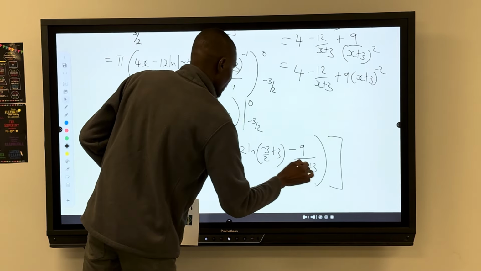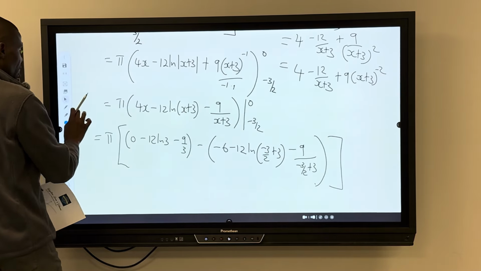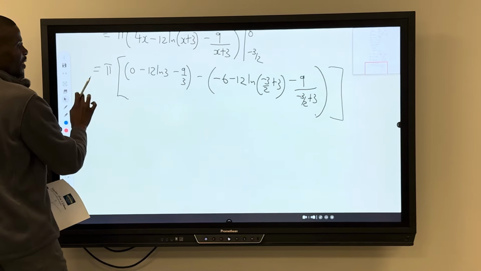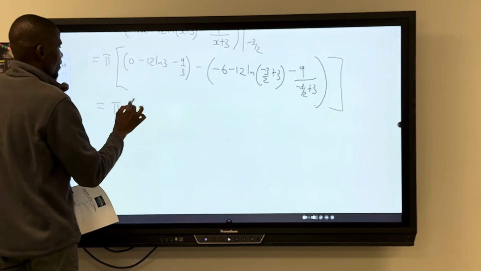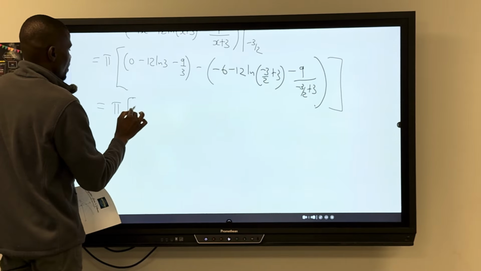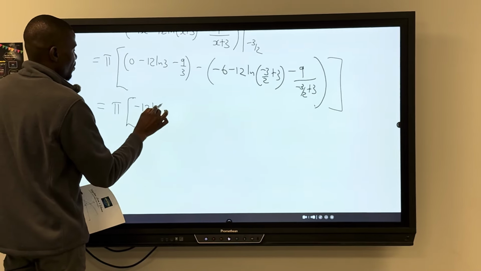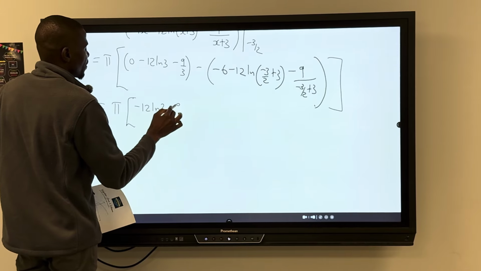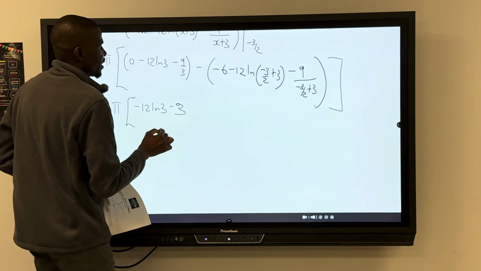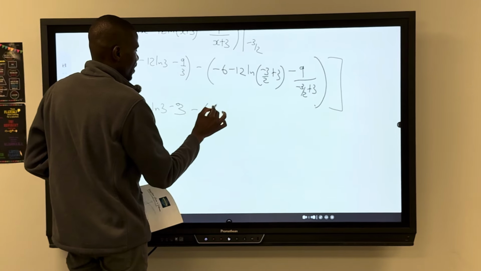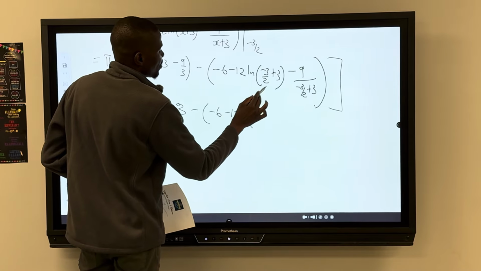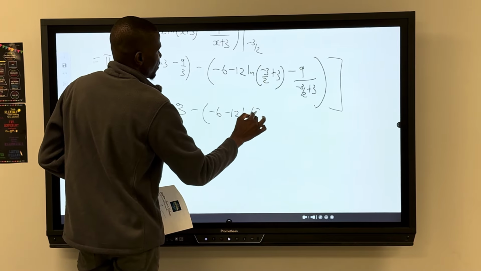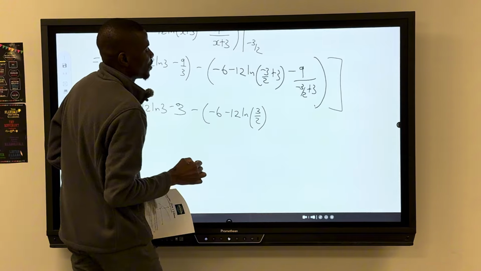Then we need to simplify, right? So here it is pi. So it's going to be negative 12 natural log of 3 minus 9 over 3, that's 3, right? So subtracting, let me simplify this, negative 6 minus 12 natural log of 6, so 3 over 2, right?